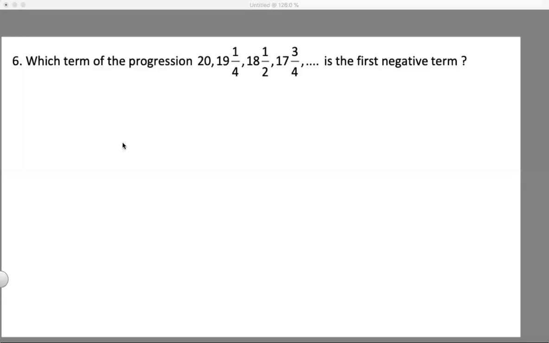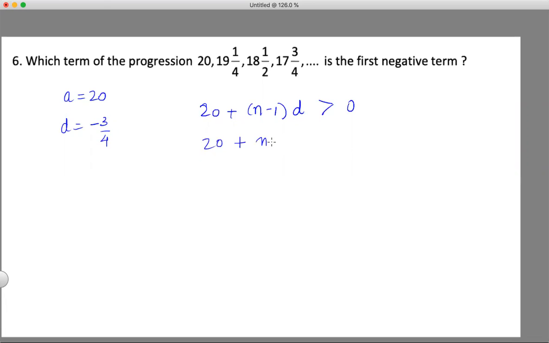We will find it from the formula. Very good. So A is equal to 20 and D is equal to -3/4. Right? Now we will say nth term is equal to 20 plus n minus 1 D. Now this should be just greater than 0. Okay, so 20 plus n minus 1, 3/4.